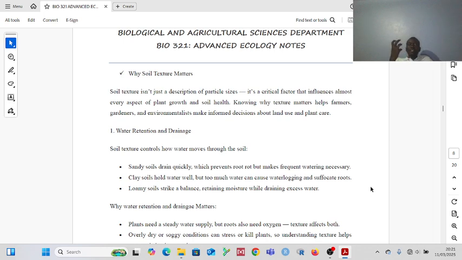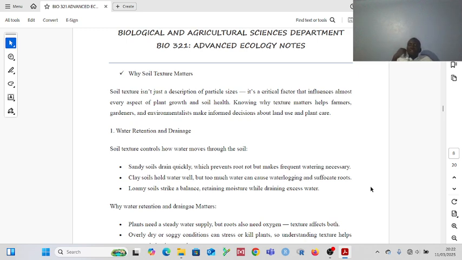The clay soil holds water, but as it holds the water too much, it leads to waterlogging. Once the water is logging that particular soil, the roots of those plants will suffocate. So when you are dealing with clay soil, you have to find ways of ensuring that the water is moving.